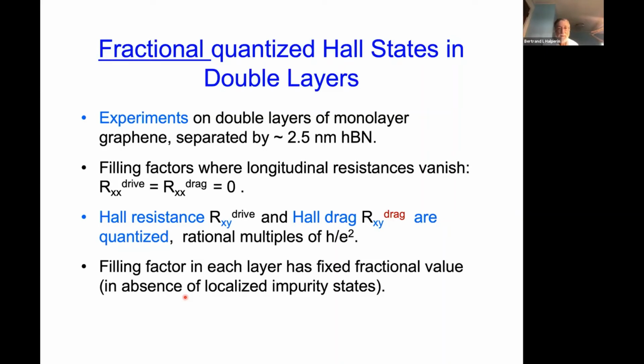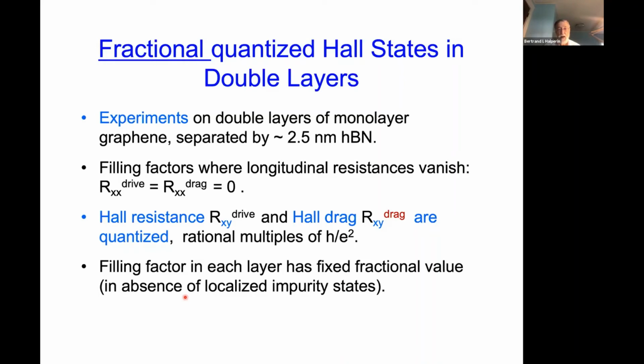Let me go on. So let me talk now about these experiments, some of them independently done, but with some collaborations in both the Harvard group and Phil Kim's group and the Columbia group with Cory Dean.